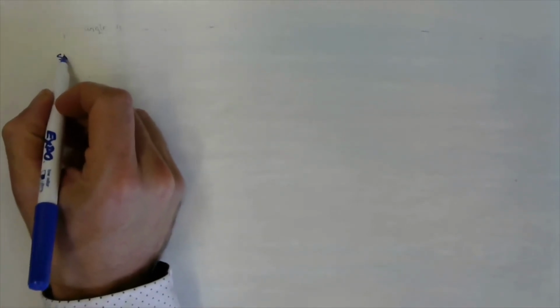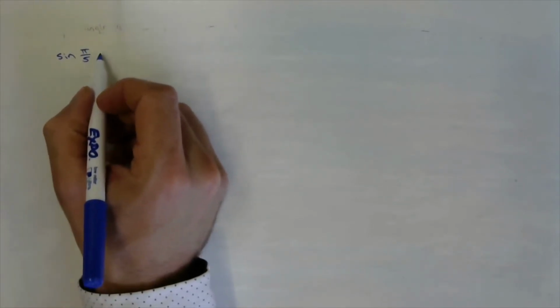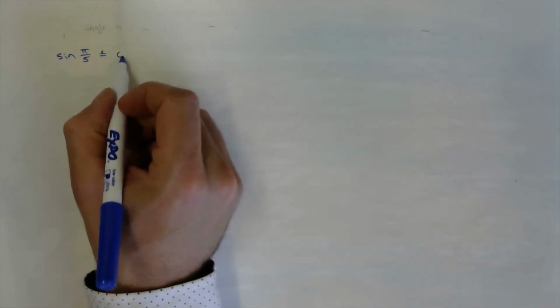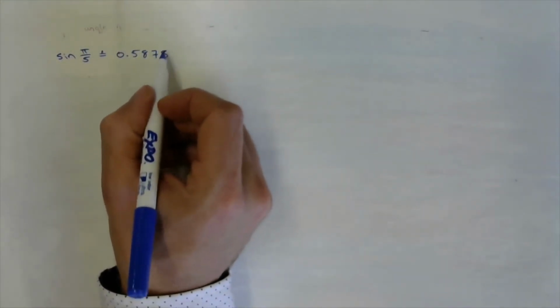Example 3. This type of question comes back again and again. Basically, it gives you important information. It tells you that the sine of pi over 5 is approximately 0.5878.